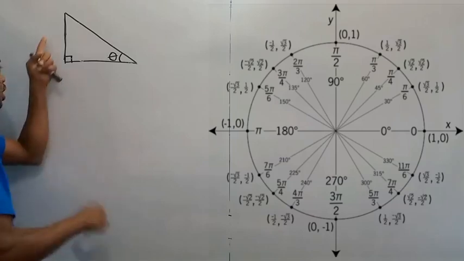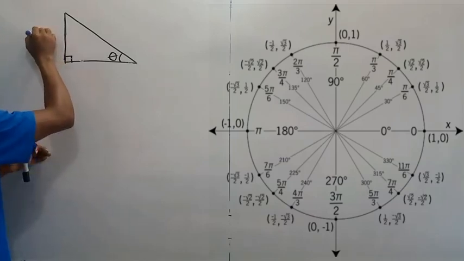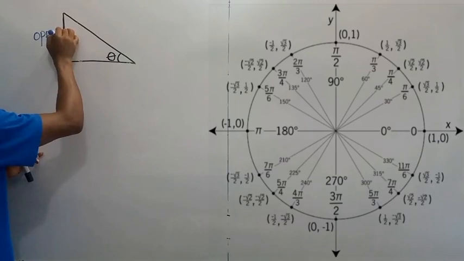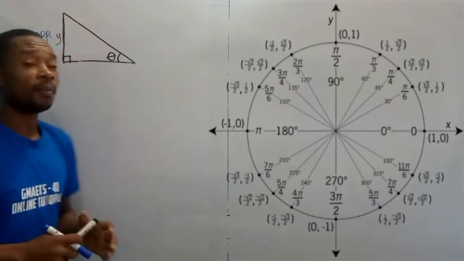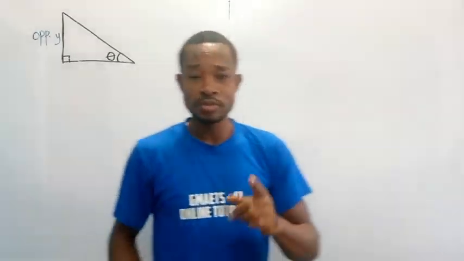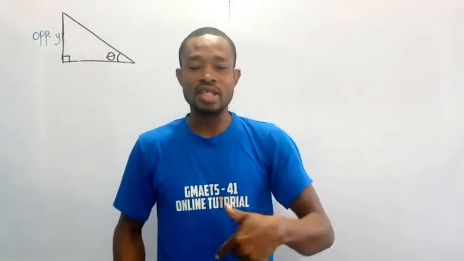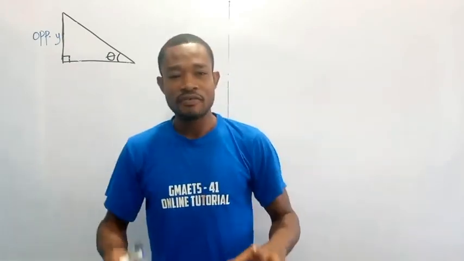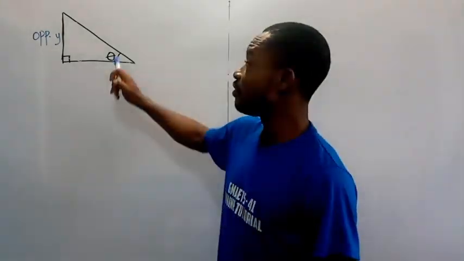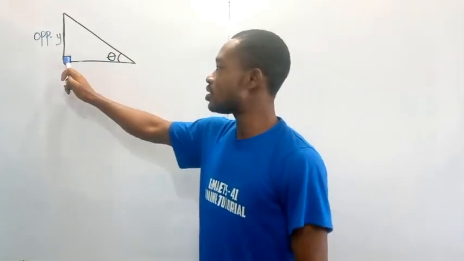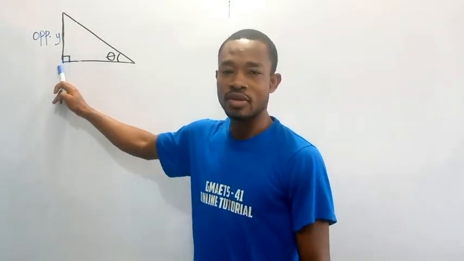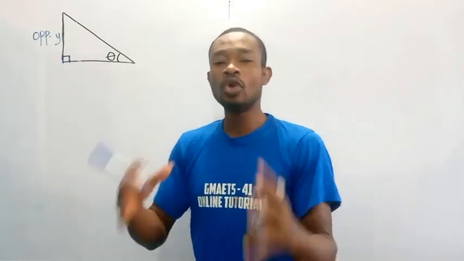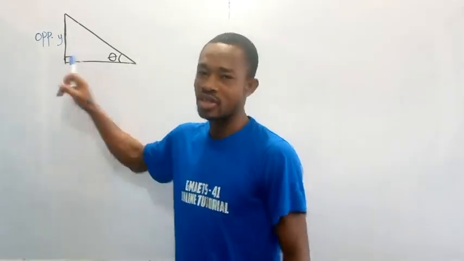This side is the opposite, and I will tell you why. And we're going to use, say, Y to represent the opposite. The opposite of a right angle triangle is simply the side facing the given angle. Here the given angle is this theta. This 90 degrees is not the given angle, for I call it the follow-come angle, this 90 degrees, okay? So it is not given.